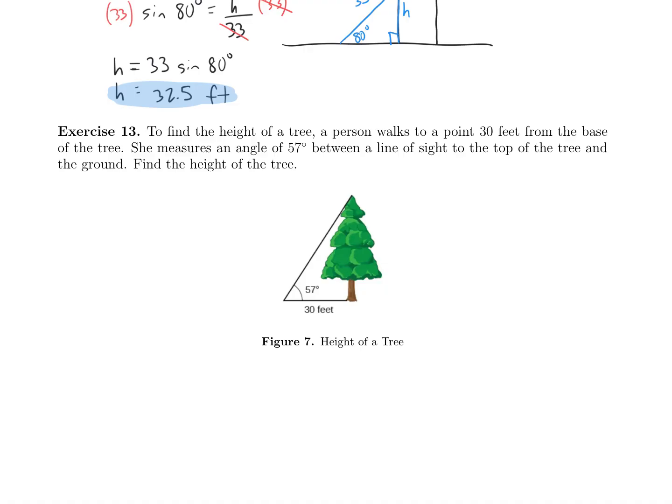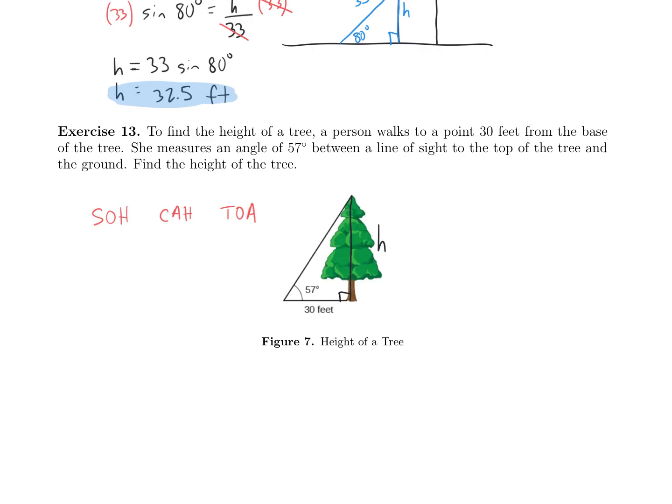So here's your right triangle. You can actually draw it if you want. You can just draw a perpendicular line here to the horizontal line, and there's your 90-degree angle. I'll call that h again for height of the tree. And now we have to figure out which of the three trig functions applies. So, SOHCAHTOA. In this case, relative to our angle, 57 degrees, we want to know what the opposite is, and we know the adjacent.